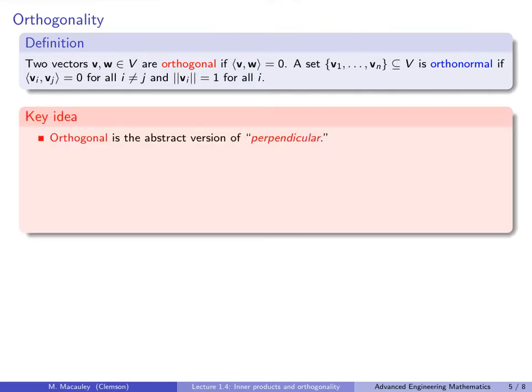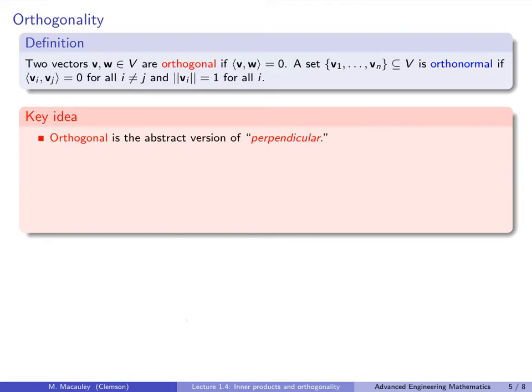Here's how you should think about this. Orthogonal is the abstract version of perpendicular. Just as a dot product is a special case of an inner product in Rn, perpendicular is a special case of orthogonal in Rn with respect to that dot product.